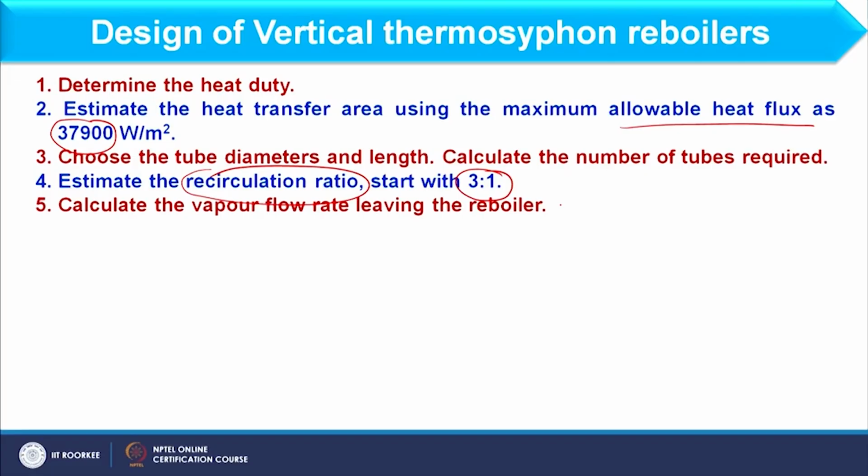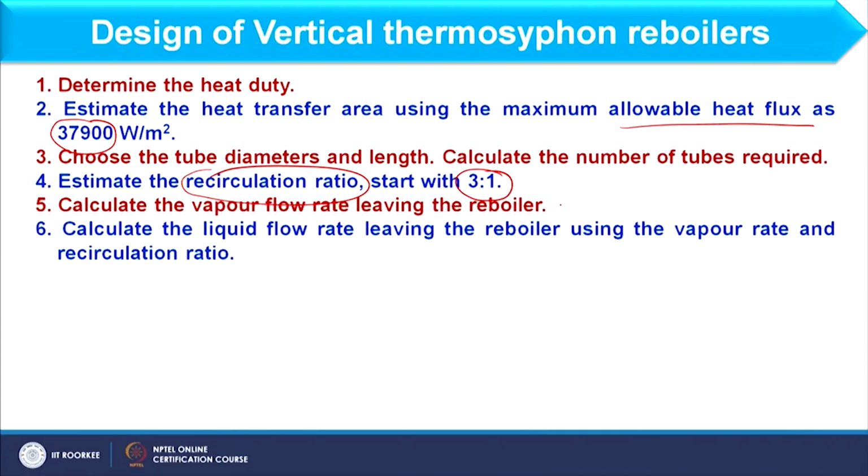Now, once I have the recirculation ratio, I can find out the vapor flow rate which is leaving the reboiler, because you know a priori how much vapor is to be generated. So, now you have the vapor flow rate as well as the recirculation ratio.